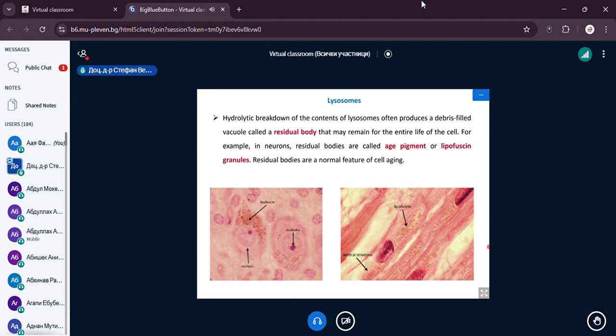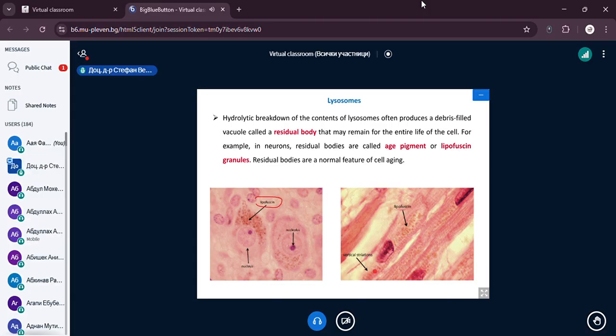And they become visible in the cells in the form of the so-called lipofuscin inclusions. When stained with hematoxylin eosin, lipofuscin stains a very nice light brown color, and we can see these lipofuscin granules usually close to the nucleus.